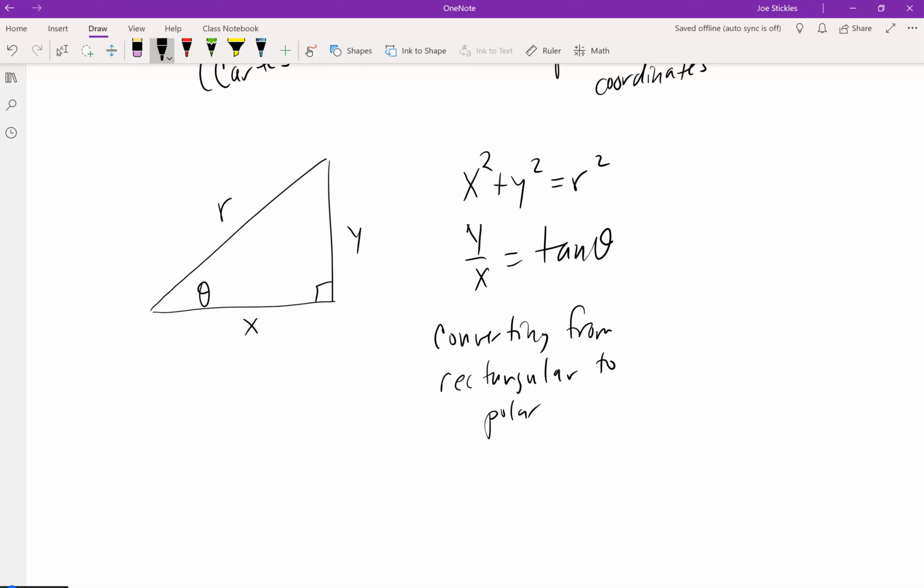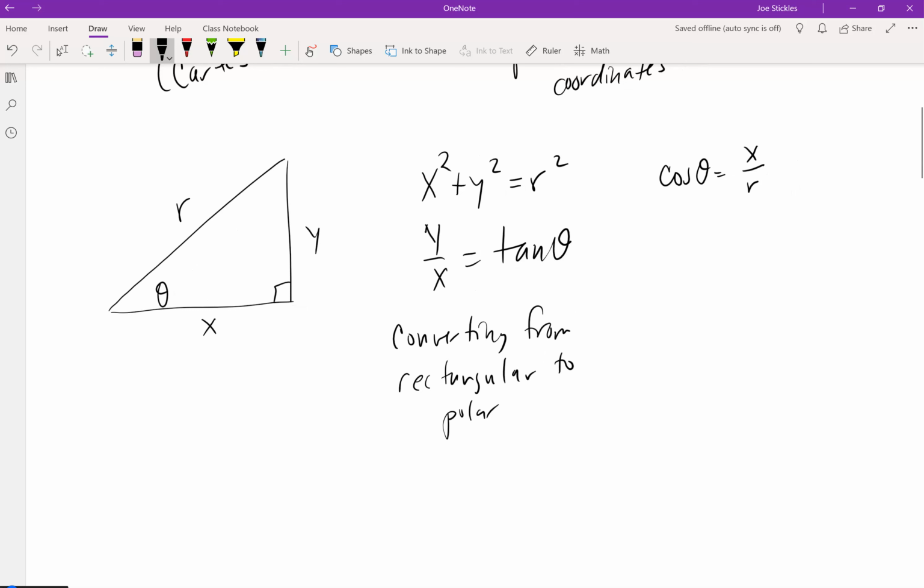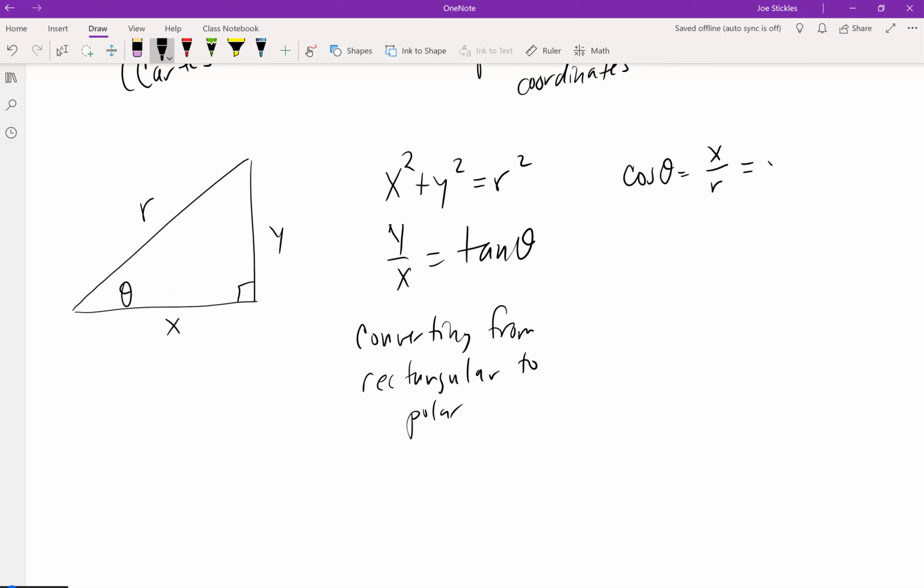So we have adjacent and hypotenuse. That's cosine of theta is x over r, adjacent over hypotenuse. We ordinarily will rewrite this equation as x equals r cosine of theta.